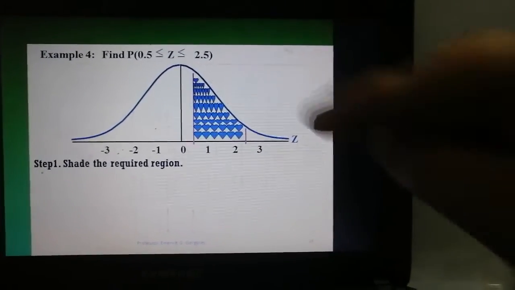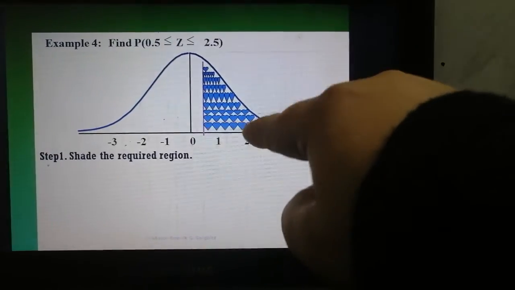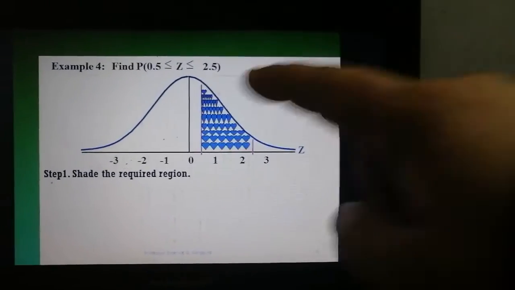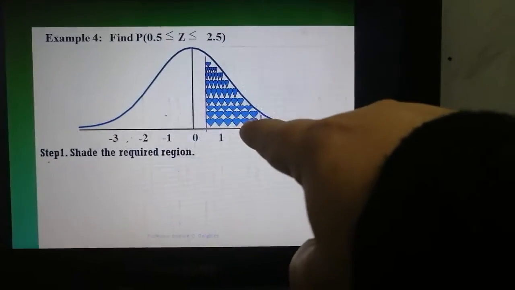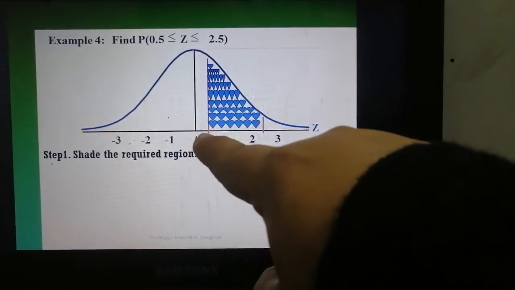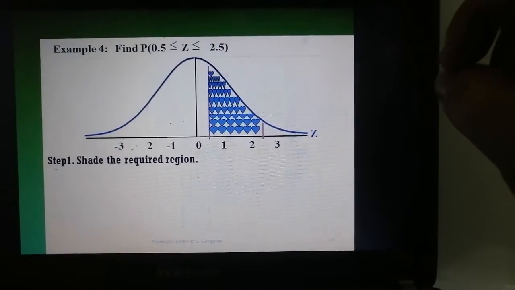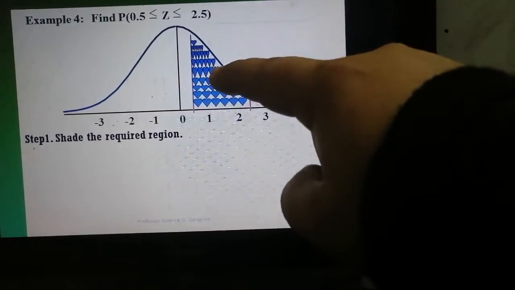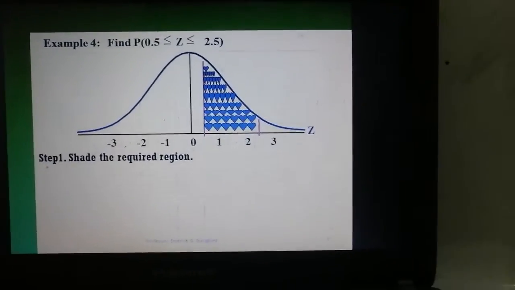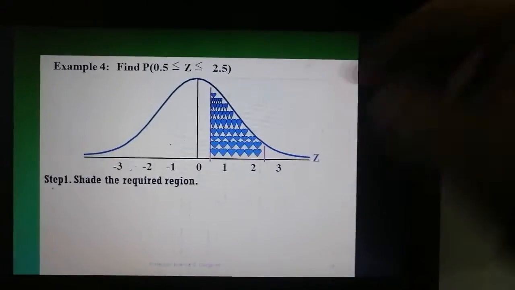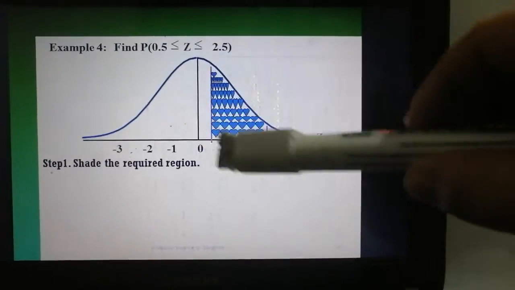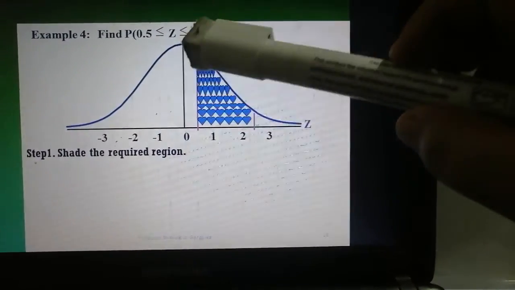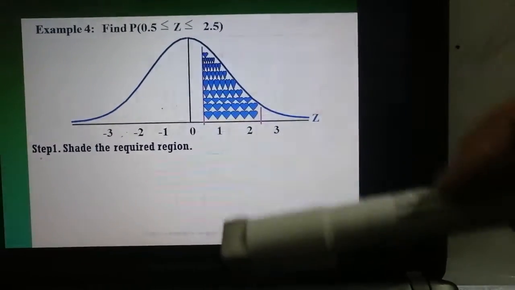The problem is we do not have this area from the table. Recall that the table only gives us the area from 0 to 2.5 and from 0 to 0.5. But this is the area that we need. So what are we going to do then? You get first the area from 0 to 2.5. However, that area includes this hollow part, which we do not need.